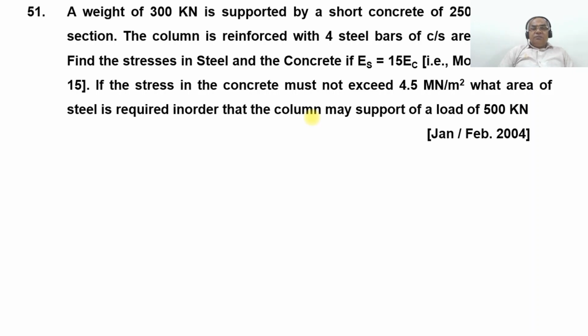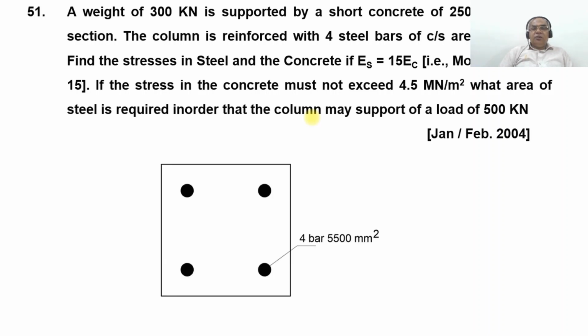If the stress in the concrete must not exceed 4.5 meganewton per meter square, what area of steel is required in order that the column may support a load of 500 kilonewton? So here you have a 250 mm square on which you have 4 bars of cross-sectional area 5500 mm square.